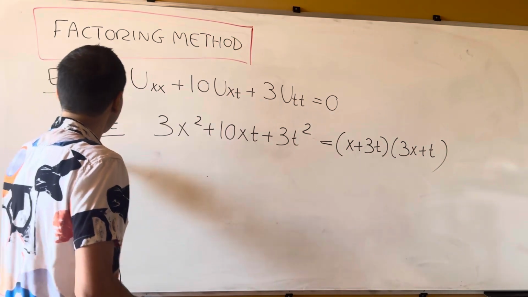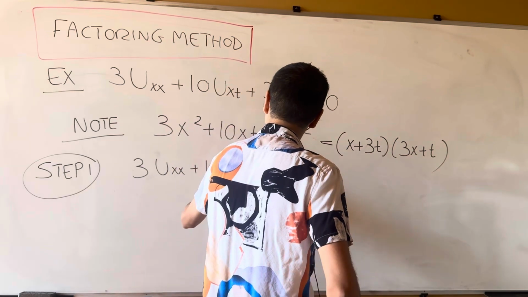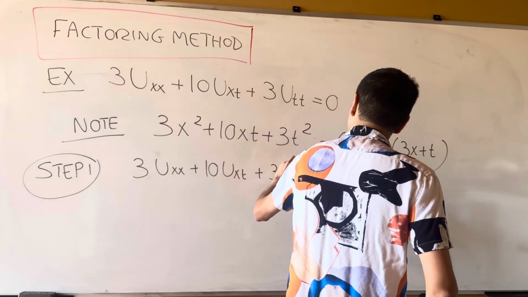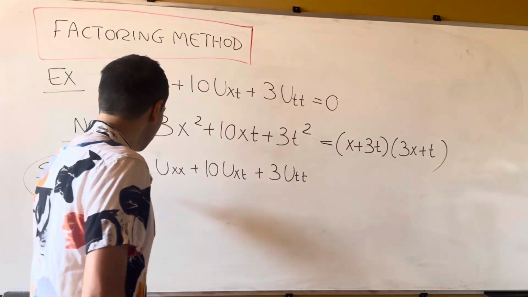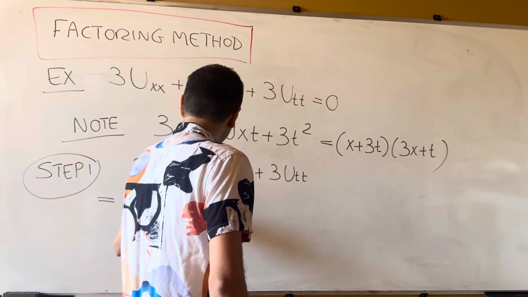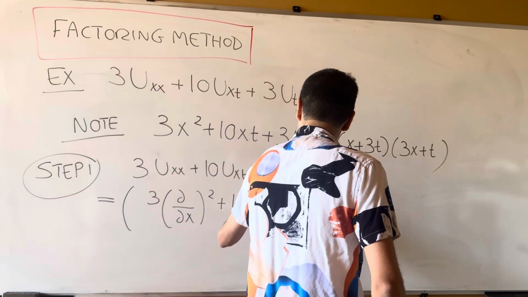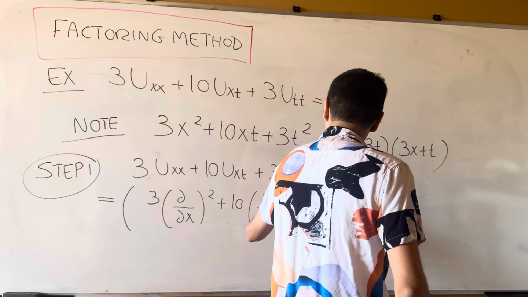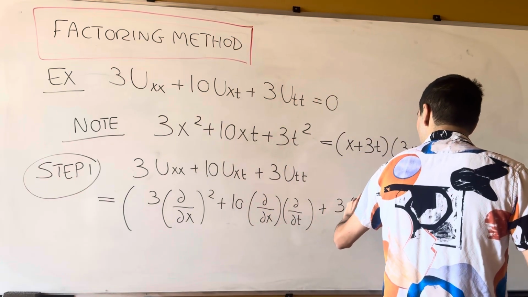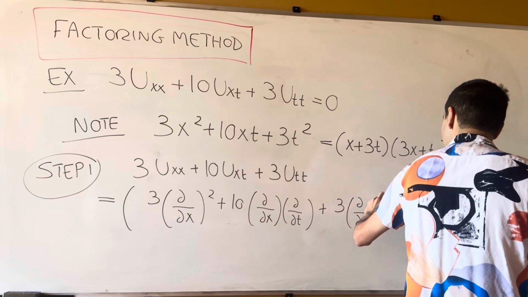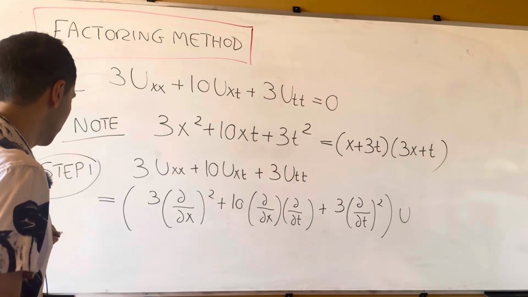So step 1, well, 3u_xx + 10u_xt + 3u_tt. Notice you can factor this as 3 times ∂/∂x squared plus 10 ∂/∂x ∂/∂t plus 3 ∂/∂t squared of u, which now we can just factor out as follows.